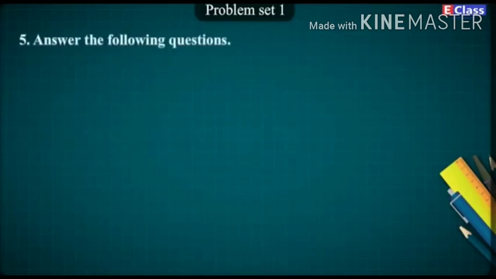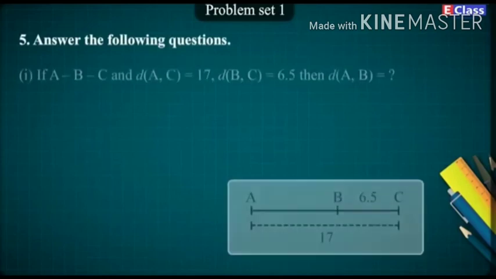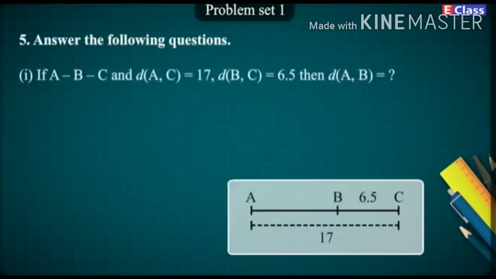5. Answer the following questions. 1. If A-B-C and AC = 17, BC = 6.5, then AB is equal to how much? Solution.